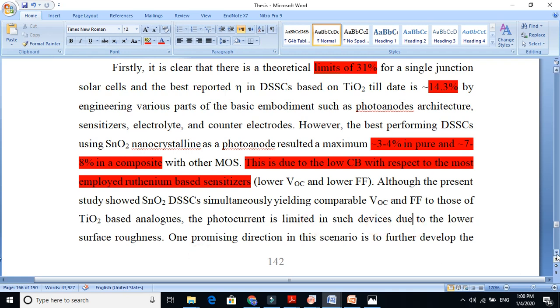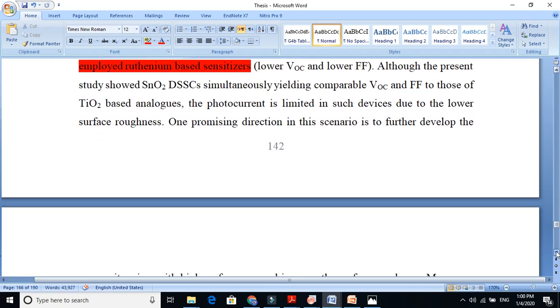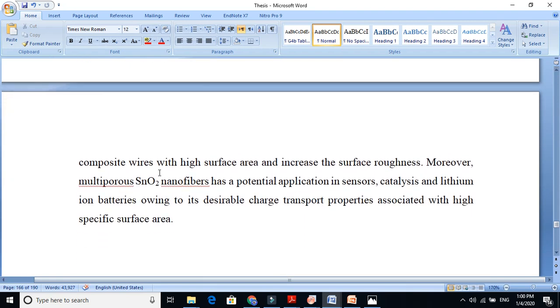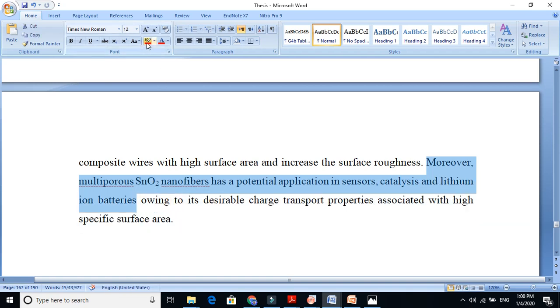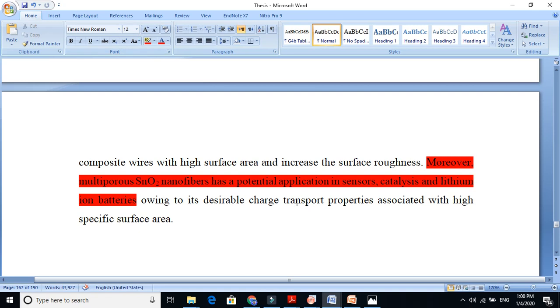One promising direction in this scenario is to further develop composite wires with high surface area, and increase the surface roughness. Moreover, multiporous tungsten nanofiber has potential application in sensors, catalysis, and lithium-ion batteries. This is our future recommendation, owing to its desirable charge transport properties associated with high specific surface area.